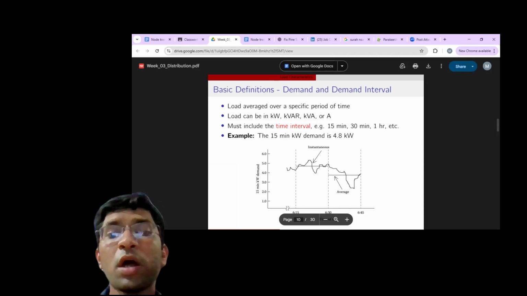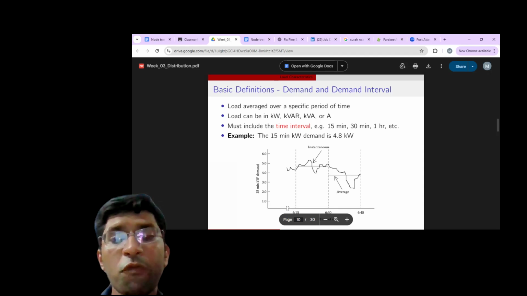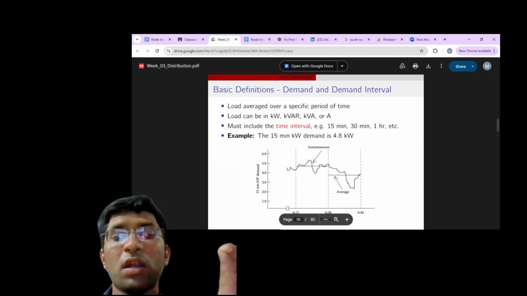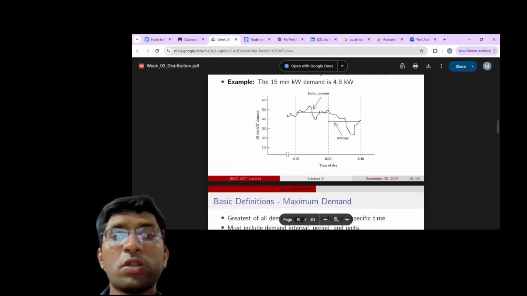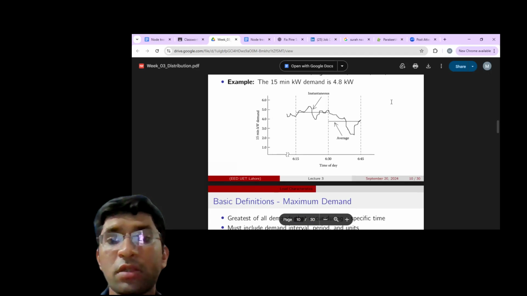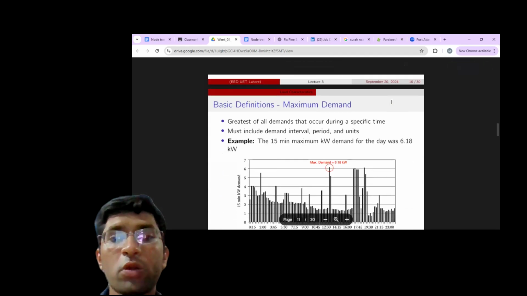Why the time interval? Because in the future, load forecasting will be done to estimate how much load is being carried when designing the distribution systems. So in this chart, I present it to you. The 15-minute kilowatt demand is 4.8 kilowatts.